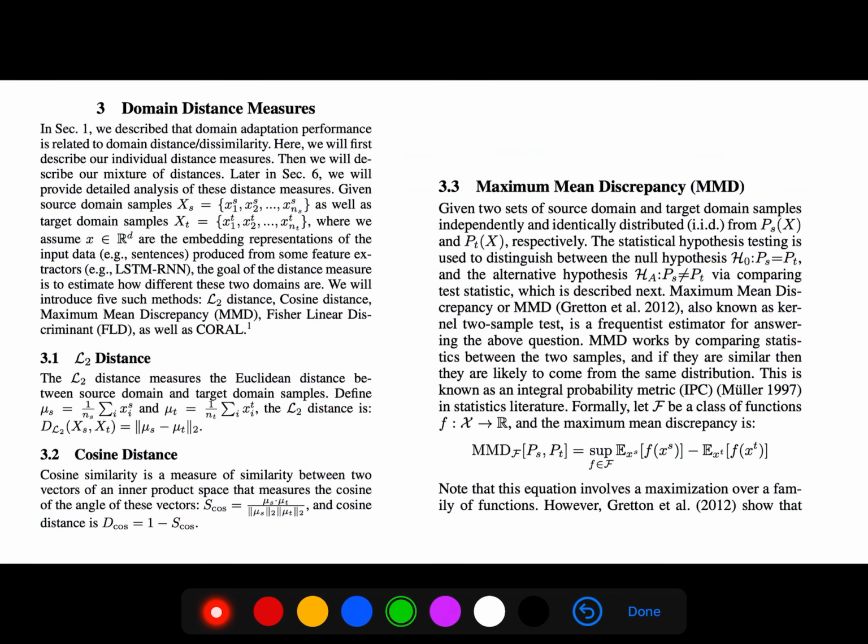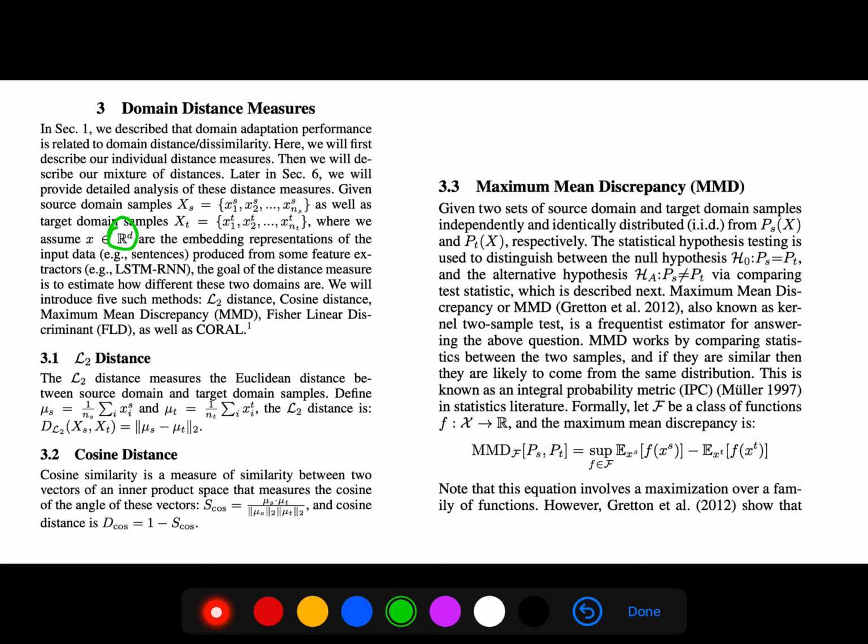we described that domain adaptation performance is related to domain distance or dissimilarity. So we will first describe our individual distance measures. We will provide detailed analysis of these distance measures, given source domain samples as well as target domain samples, where we assume X is in R^D, the embedding representations of input data, for example, sentences.